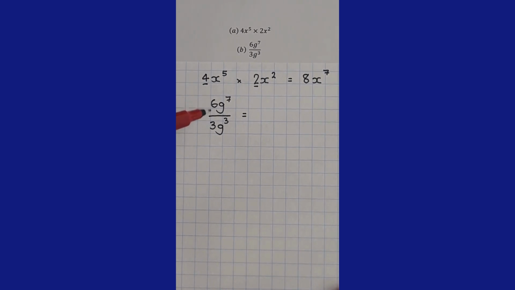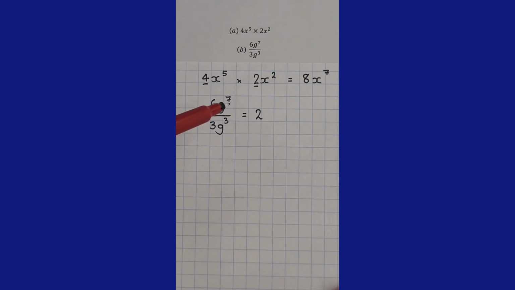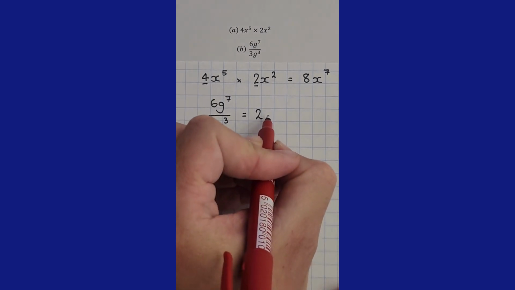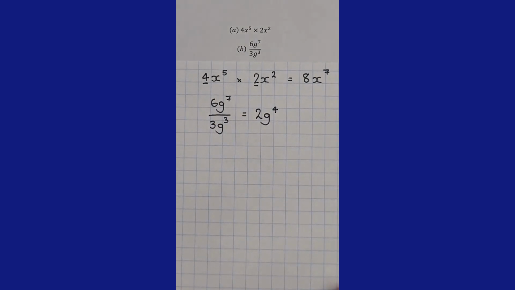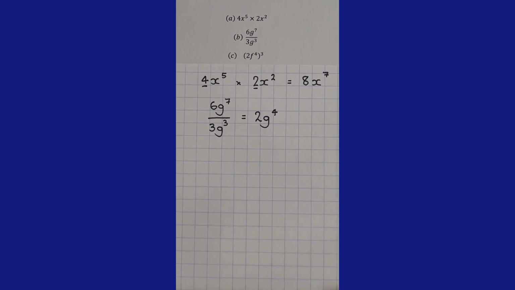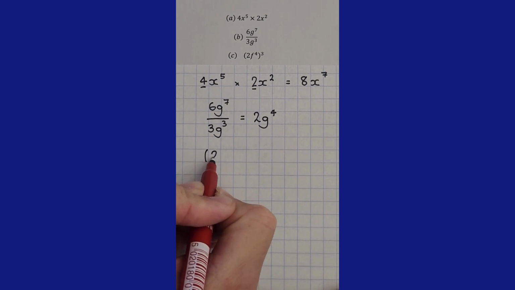There's no quick rule for this. It's just 6 divided by 3, which is going to give me 2. And then we know the rule for division, because this is just division, is that we subtract the powers. 7 take away 3 is going to give me 4. So it's 2g to the power of 4. This is probably the one I see the most where errors occur.